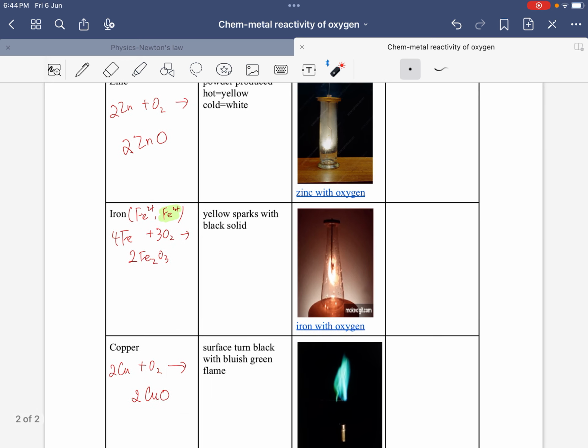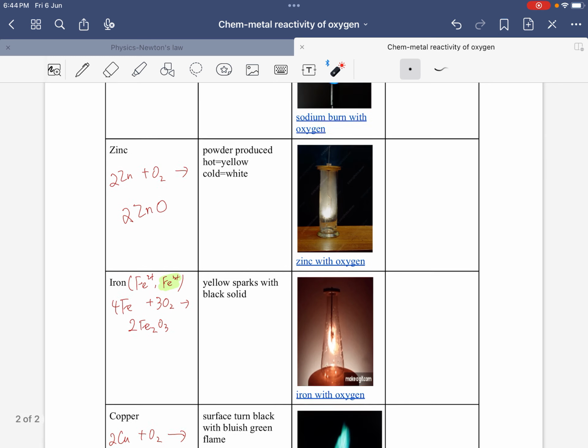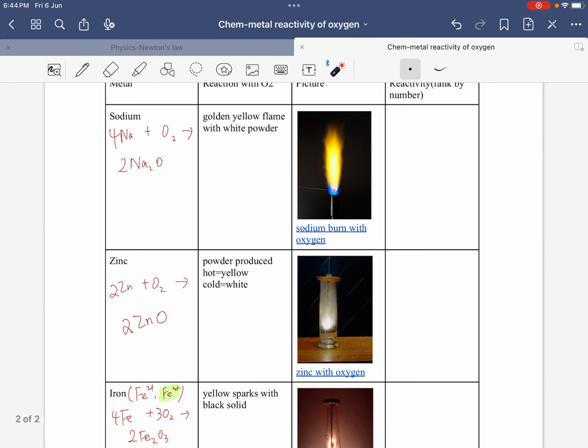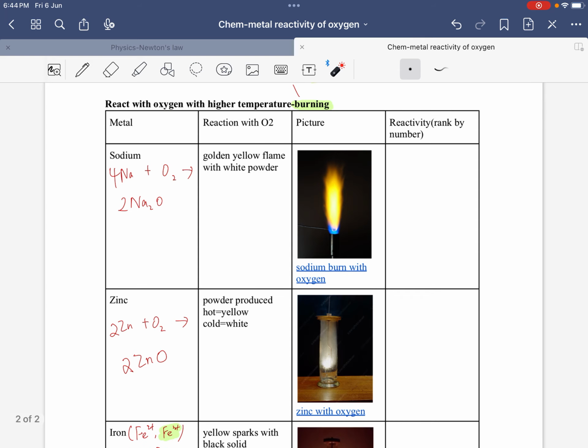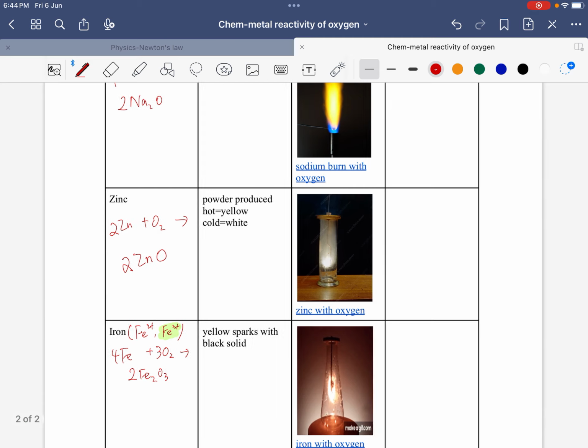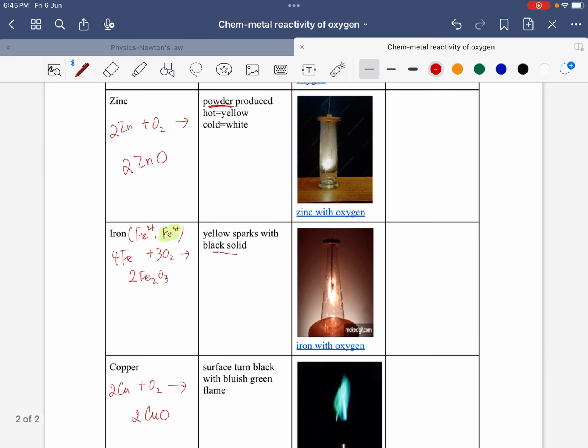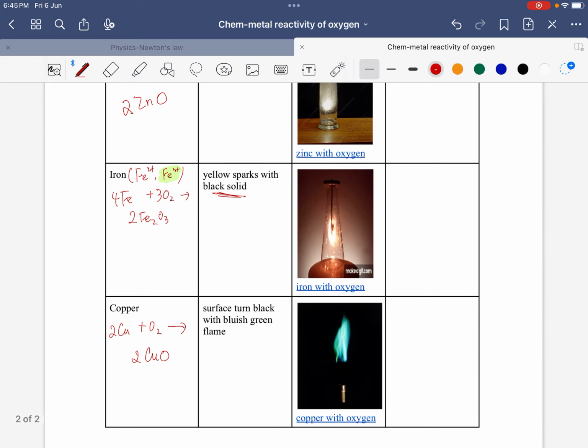And for copper, we will see the bluish green flame, and the surface will turn black. So where is the metal oxide? It will exist in solid form. So actually, the powder is the metal oxide, like the white powder for sodium, this powder for zinc, the black solid for iron, and the copper oxide will turn the surface black.